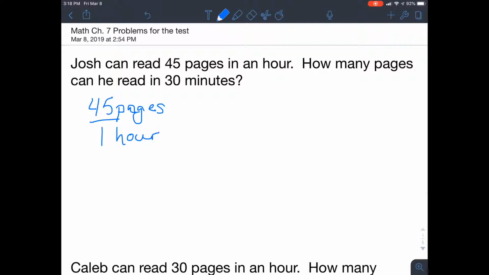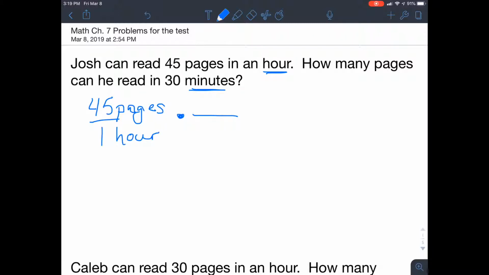How many pages can he read in 30 minutes? Well, here is the little tricky part. We have hour up here and 30 minutes down here. What does that mean? In your mind, you should be thinking, oh, we have to convert that. Hour has to go to minute. So what we do to convert is we multiply.